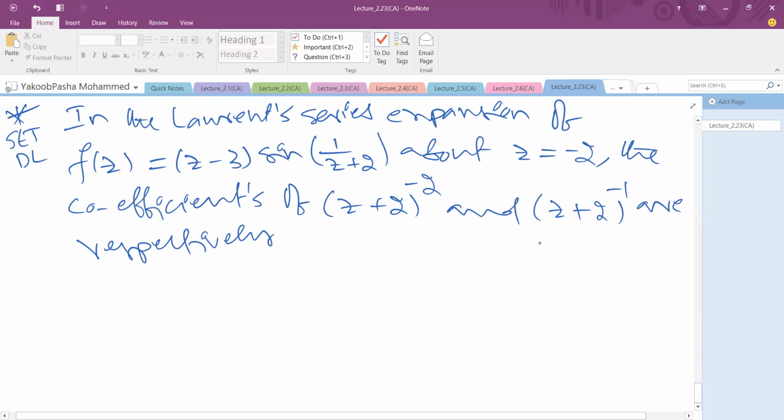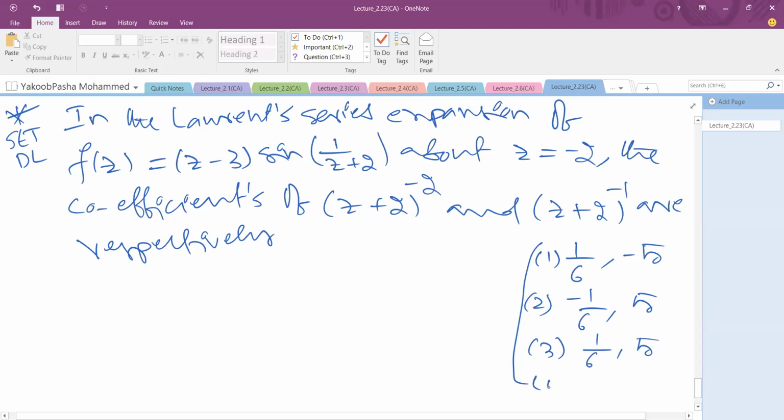We have options here. First option 1/6, -5. Second option -1/6, 5. Third option 1/6, 5. And the fourth option -1/6, -5. These are the 4 options we have.